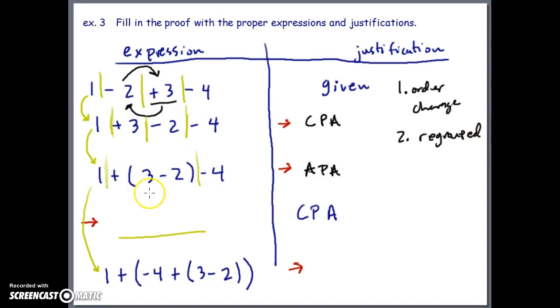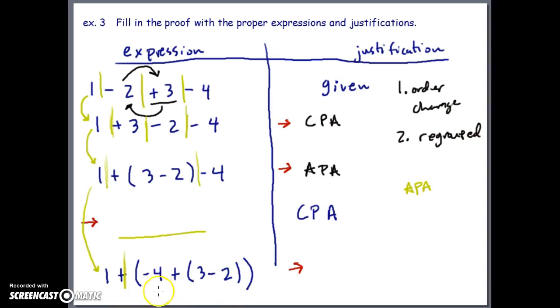Because they regrouped, the parentheses now count as one term. So we've got 3 terms now. Down here, we have 2 terms. Since it goes from 3 terms to 2 terms, that means they've definitely used the associative property, and you can see that with the parentheses, right?